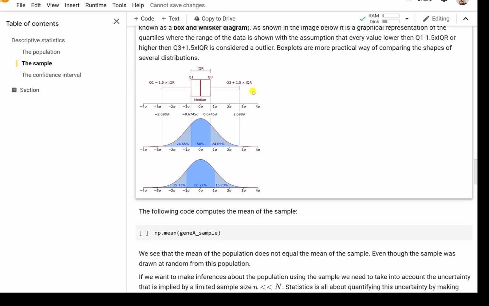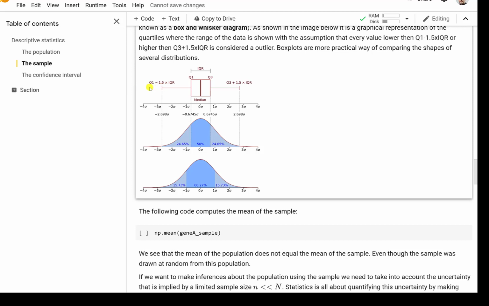And you also have these things here, the whiskers, defined in this case as Q3 plus 1.5 times the interquartile range, and here Q1 minus 1.5 times the interquartile range. By definition, any value of our random variable higher than this value or lower than this value is considered an outlier.